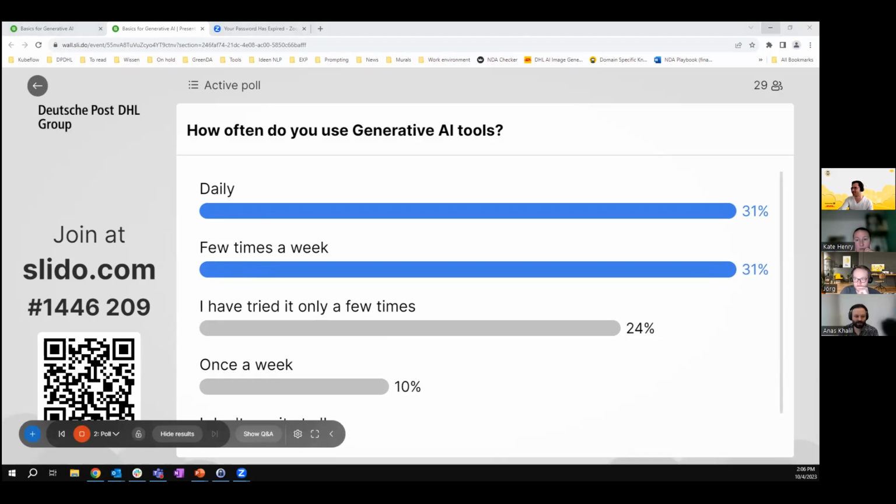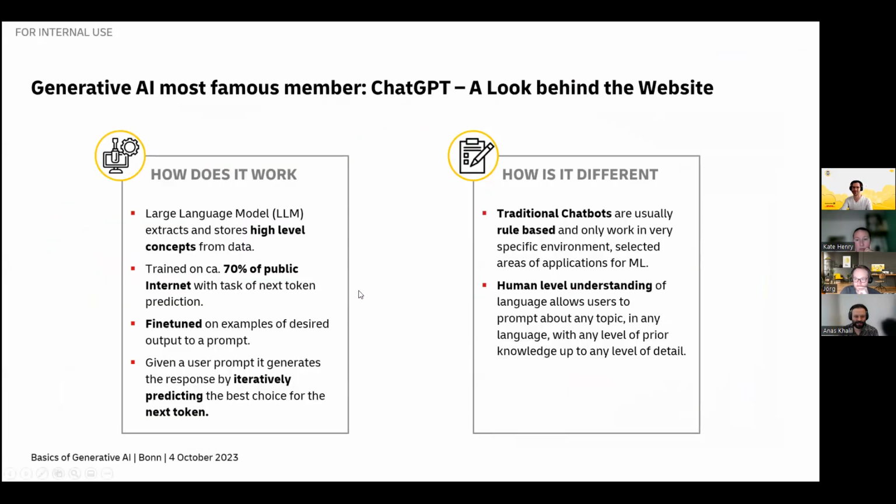Some people pay for the commercial version of ChatGPT. I mean, that is very worthwhile sometimes, depending on what you're doing, because you get access to GPT-4, which you don't have otherwise. But maybe let's start at the beginning. You all know ChatGPT, but what is ChatGPT actually?